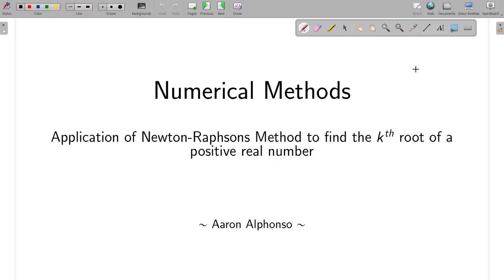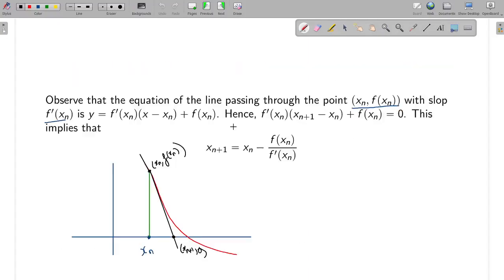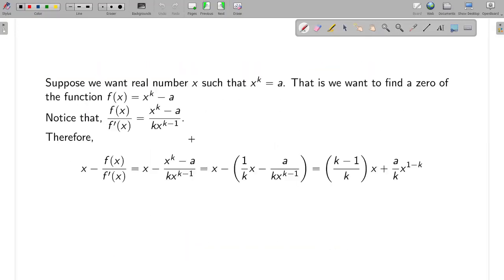So, the Newton-Raphson method to find the kth root of a positive real number. We can use the Newton-Raphson method to find the kth root of a positive real number. Essentially what I want to do is compute x_{n+1}.